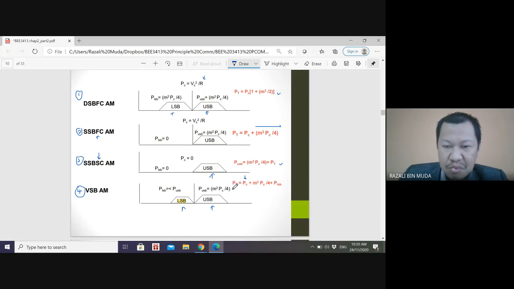So the total power is PC plus m square PC over 4, which is the upper sideband, plus the small portion of the lower sideband, maybe just half of it. Okay, so there are 4 types of AM signal in the frequency domain, in the power analysis.